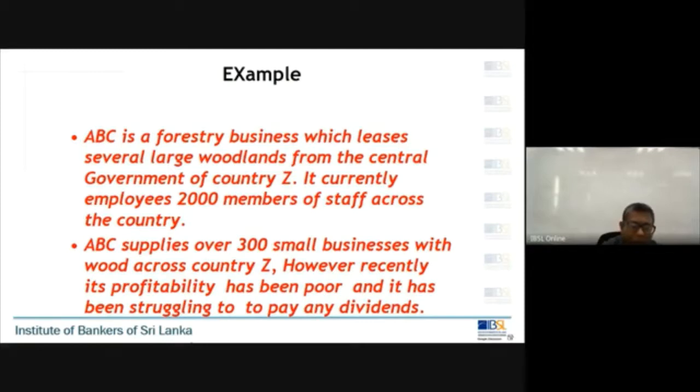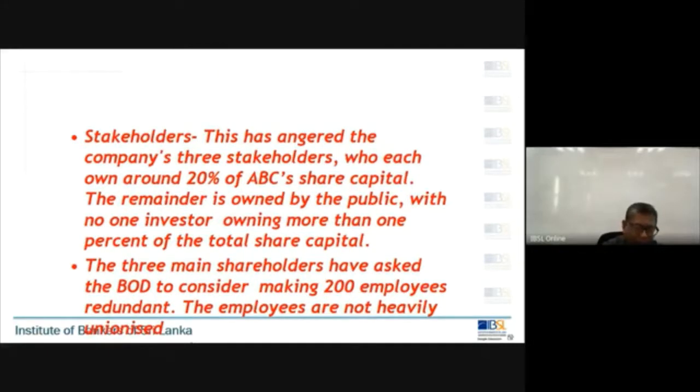Therefore, the three main shareholders of ABC are not in a position to be paid their dividends, and they have suggested to the board of directors and the management of ABC to make 200 employees redundant from the existing staff of 2,000 people.